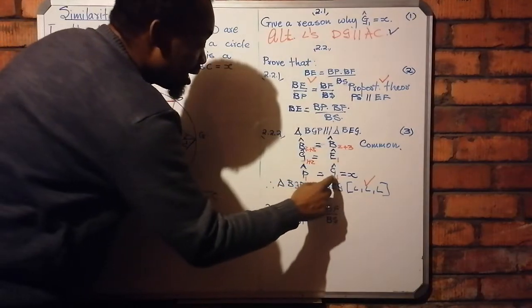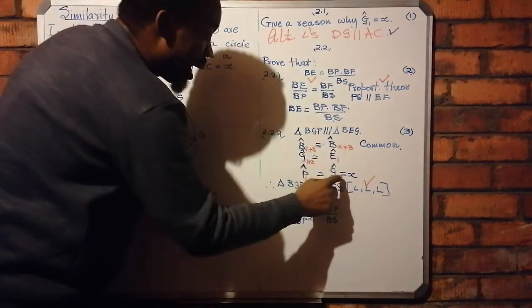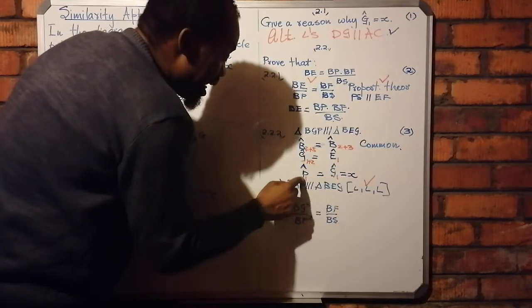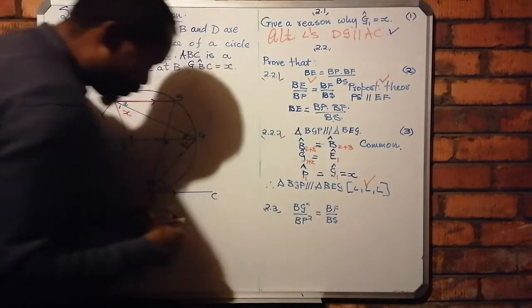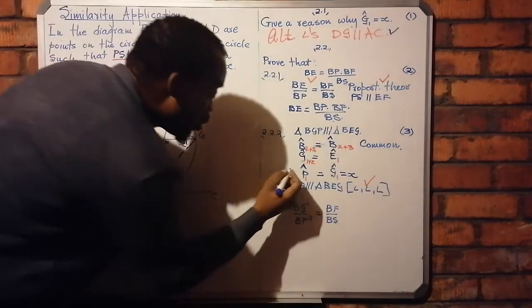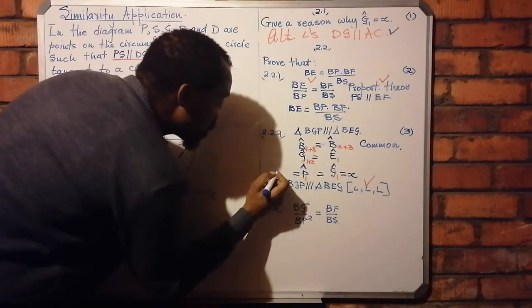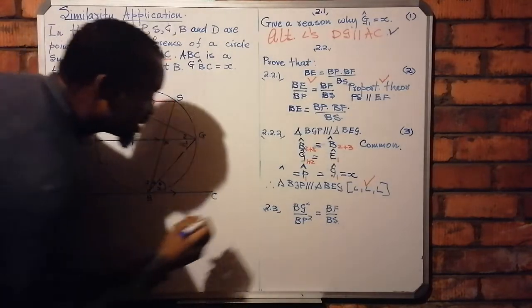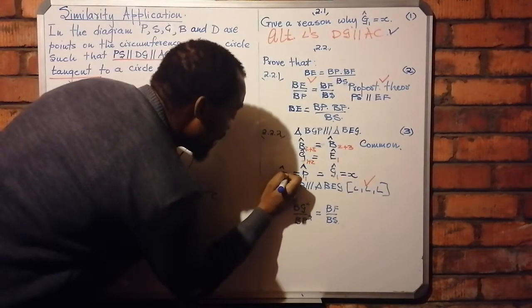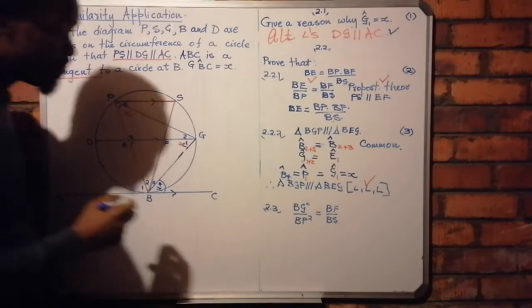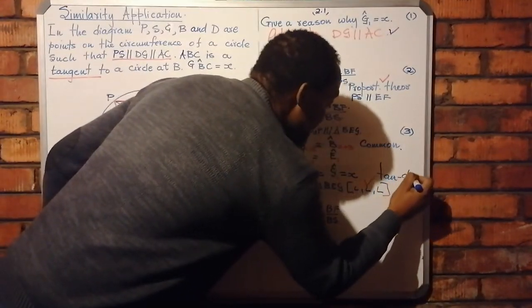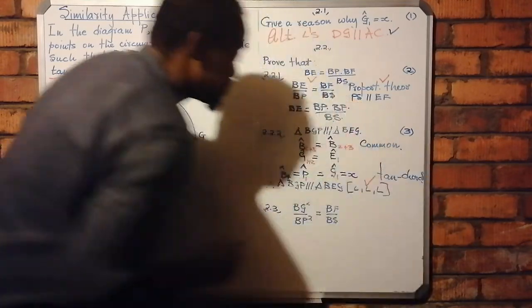Remember that in 2.1 we proved that G1 is X. Now I have just proved that P1 is also equals to X because it is equals to angle B4 there. But now my reason is tan chord.